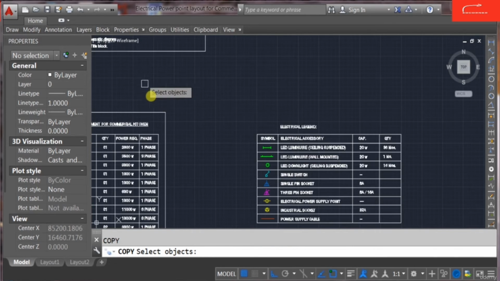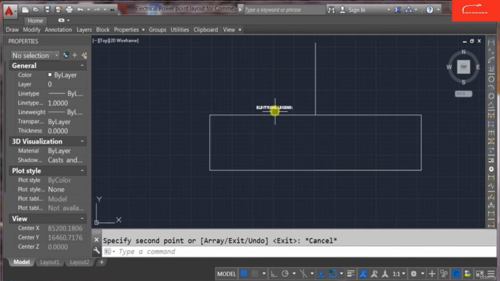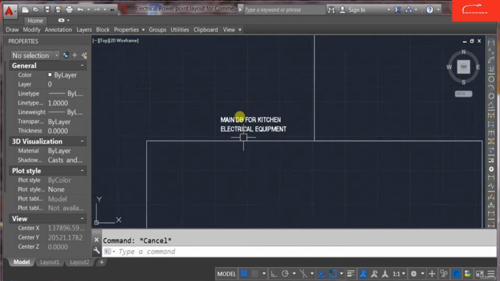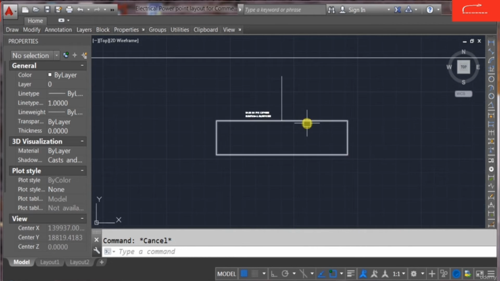So I'll give the name. This is main DB for kitchen electrical equipment. Main DB, that is main distribution board for kitchen electrical equipment.